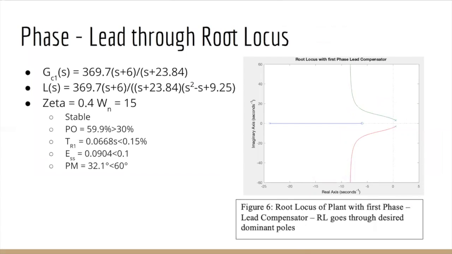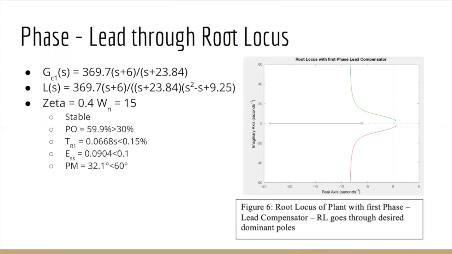My first goal was to create a stable system, so I decided to add a phase lead through the root locus because I knew that adding this would pull the dominant poles to the left, creating negative real parts, which is exactly what we need for a stable system. In order to find the dominant poles, I used the percent overshoot and rise time requirements to find a zeta and omega n value.